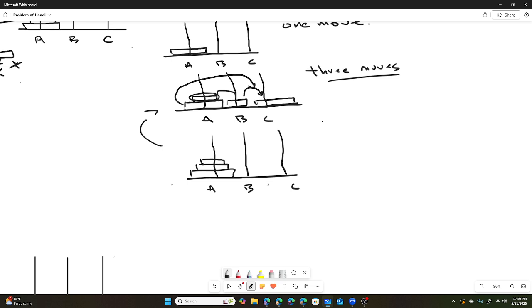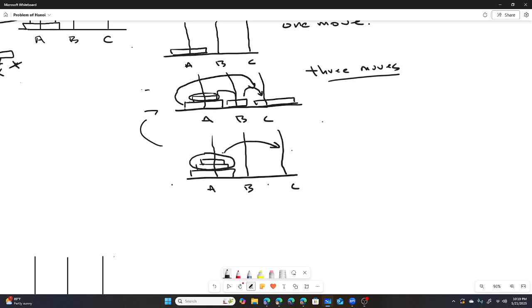Suppose we have these two disks here. How many moves does it take to get these two disks to pin C? According to the previous problem, we are able to do that in 3 moves.